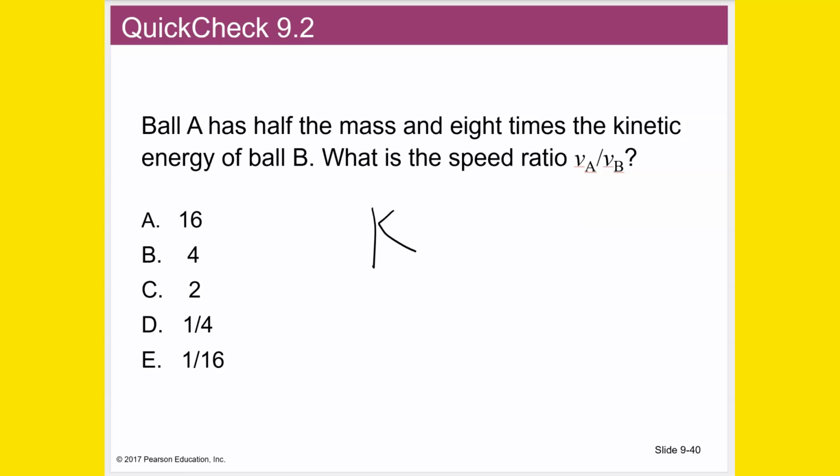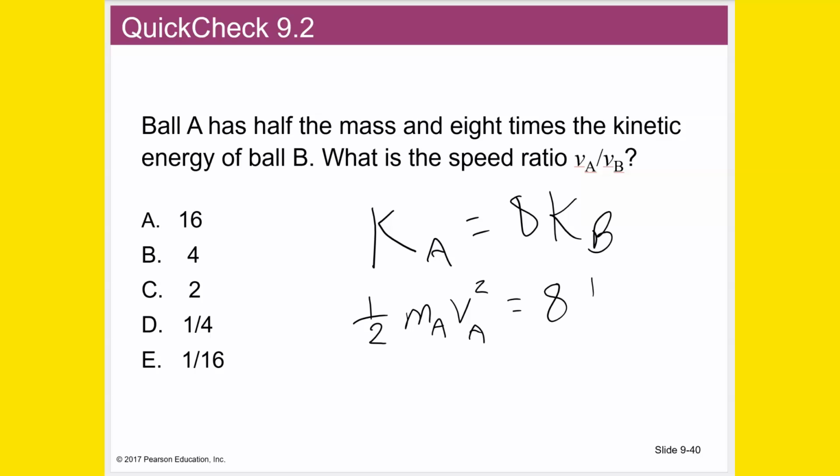Let's say K for A equals 8 times the K for B. And we know K is 1/2 mv squared, so 1/2 the mass of A times the velocity of A squared equals 8 times 1/2 times the mass of B times the velocity of B squared.